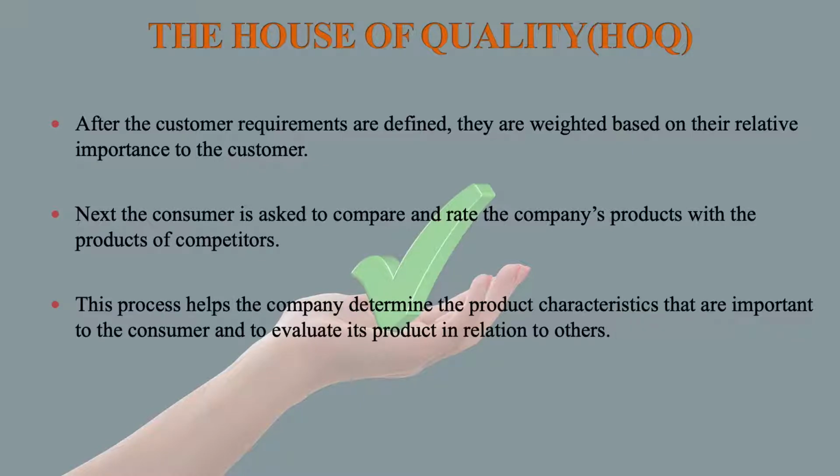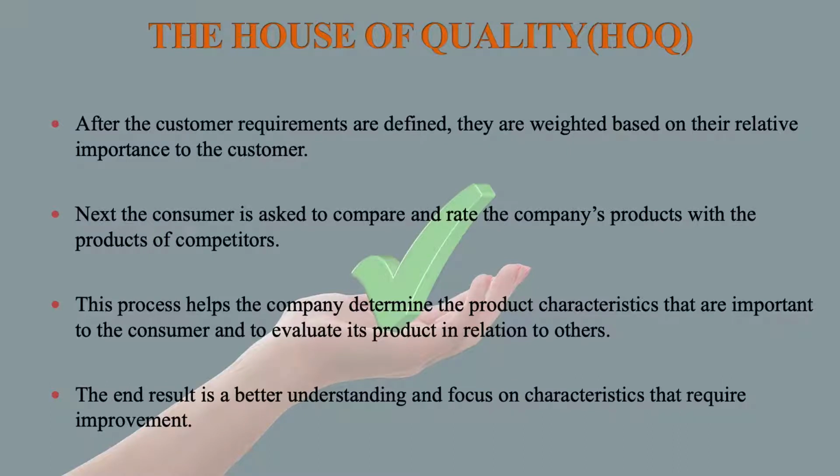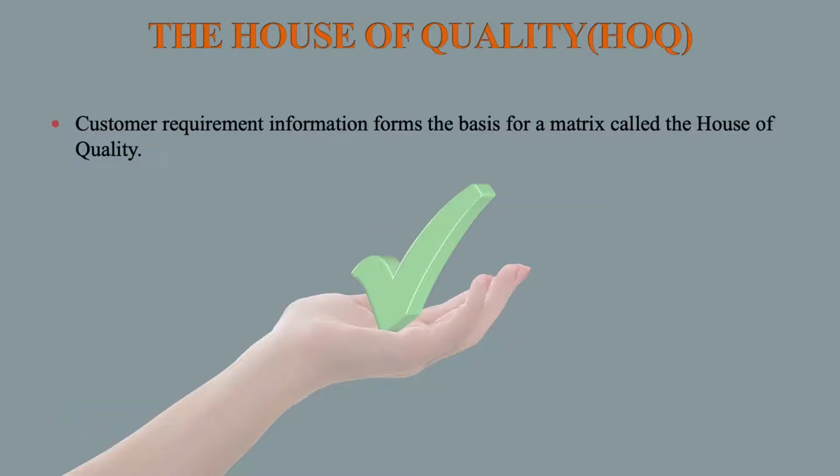This process helps the company determine the product characteristics that are important to the consumer and to evaluate its product in relation to others. The end result is a better understanding and focus on characteristics that require improvements. Customer requirement information forms the basis for a matrix called the House of Quality.